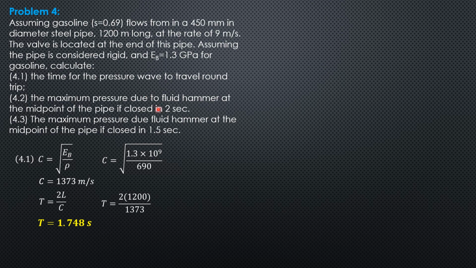The maximum pressure due to fluid hammer at the midpoint of the pipe if closed in 2 seconds. Since the time of closure is 2 seconds, which is greater than 1.748, it is a slow closure. Then the pressure at the valve, denoted by pH prime, can be computed by proportion.